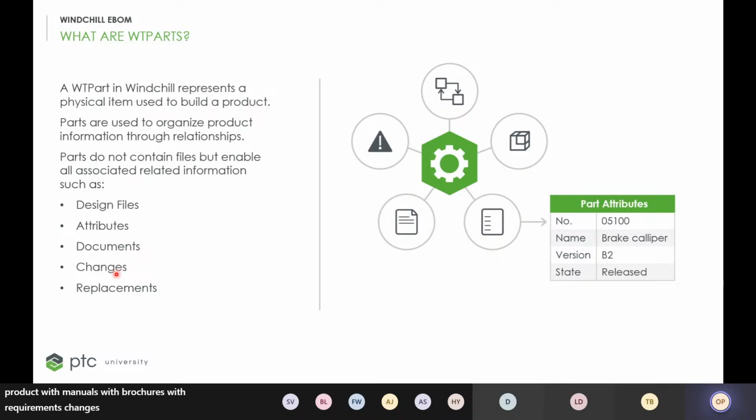Changes: when a change is in place with a problem report, a change request, or a change notice, this will be affecting the part. And replacements: in case that we want to test something related to our structure, we can create alternate substitute parts in order to start testing. This is why we are using the WT parts.